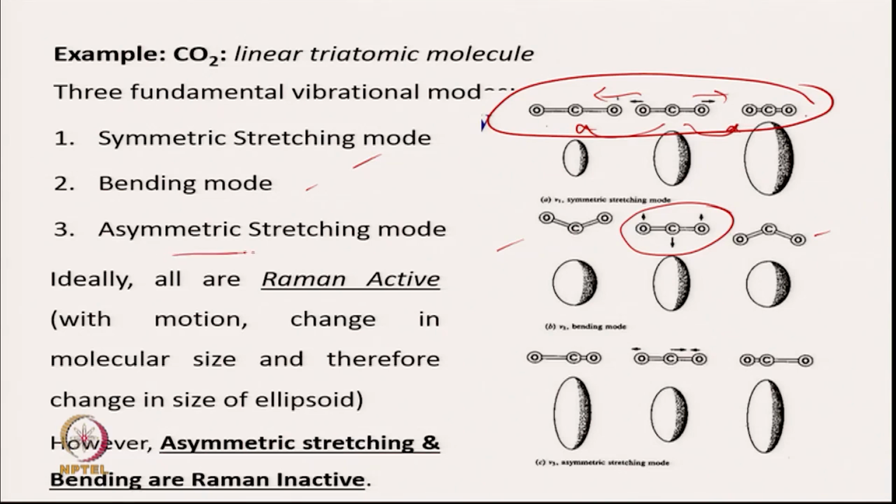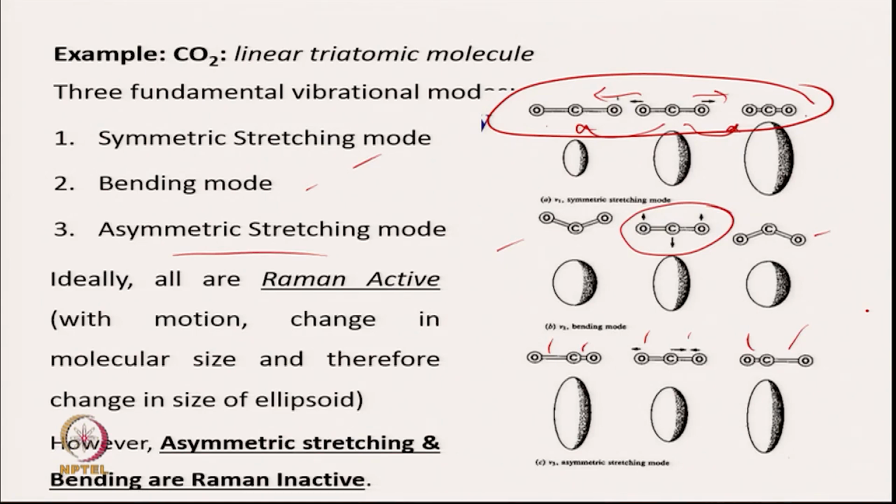The third one is the asymmetric stretching mode, in which one bond is getting stretched while the other bond is getting compressed. So, you have 3 fundamental vibrational modes of CO2.